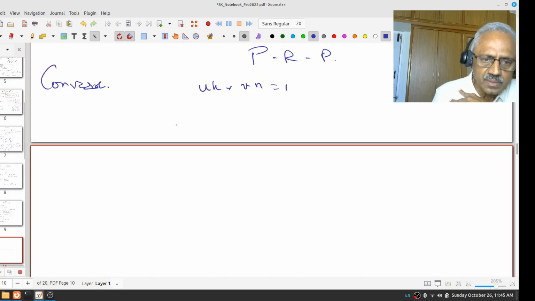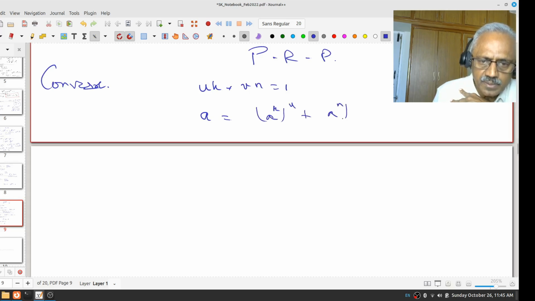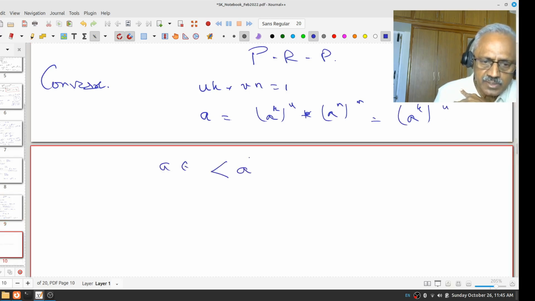Therefore, let us look at it: raise a to the power, a equals a to the power km plus rn, which is a to the power k, to the power u, times a to the power n, to the power v. That means a belongs to the cyclic group generated by a to the power k.